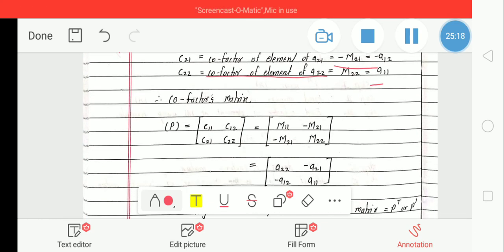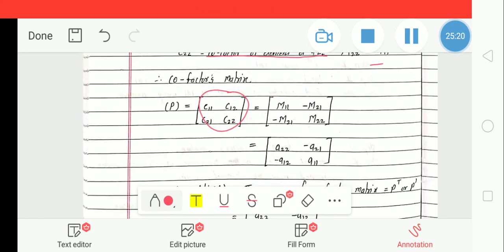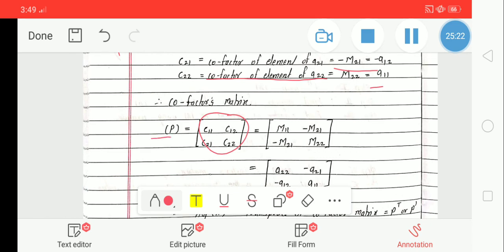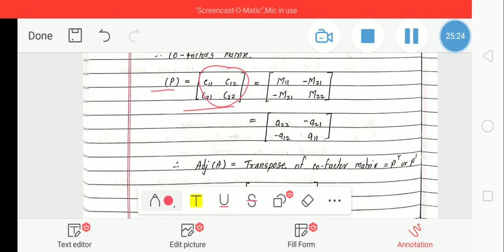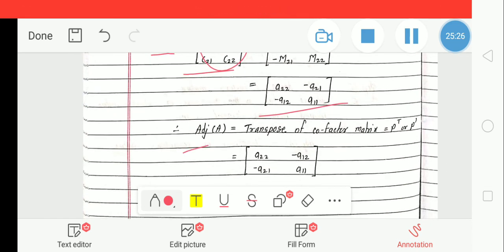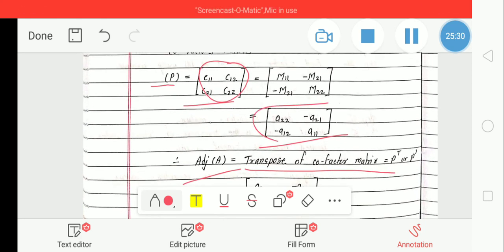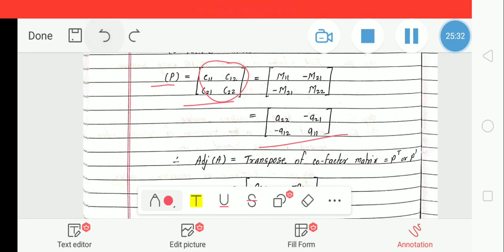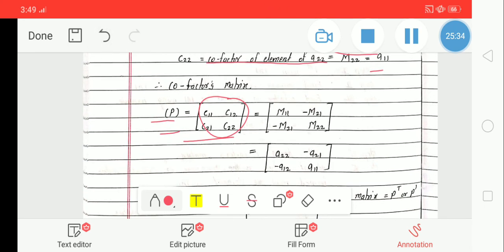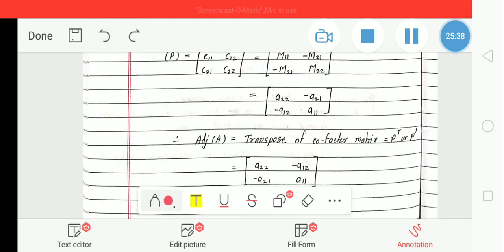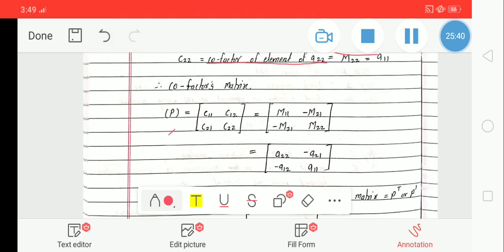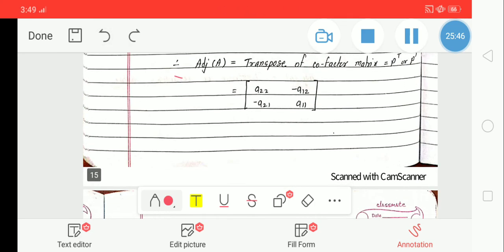So the cofactor is given by this. We put P equal to this cofactor matrix. The adjoint of A means the transpose of this matrix, transpose of P. Here P is the cofactor matrix. So when we have to find the adjoint, we take the transpose of P, meaning the transpose of the cofactor matrix, which means the adjoint of A.